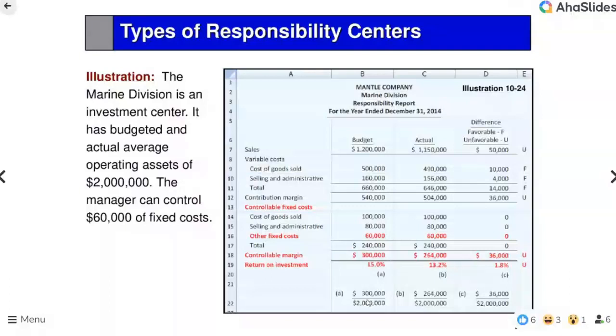So that's how we evaluate managers who are responsible for our investment centers. And that basically concludes responsibility accounting, an overview of the whole corporation. The idea is that all costs incurred are the responsibility of some managers, maybe different levels of managers. And the accountant's job is to relate those costs to that area of responsibility.